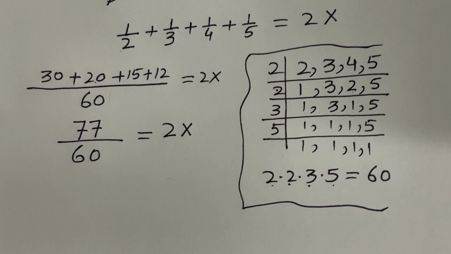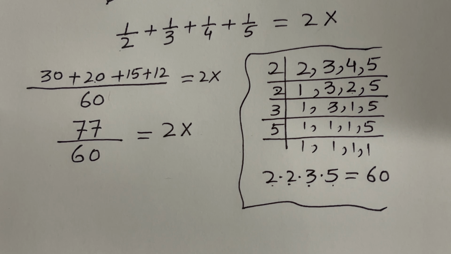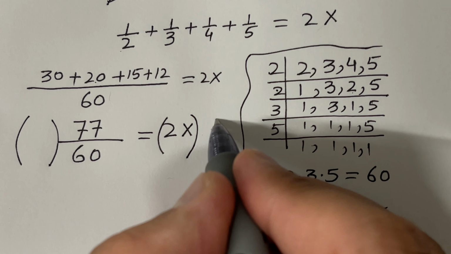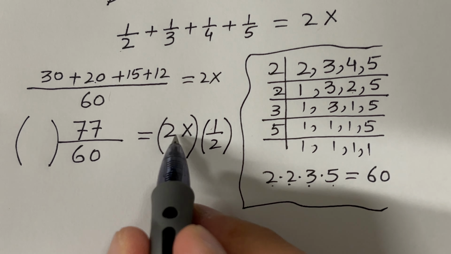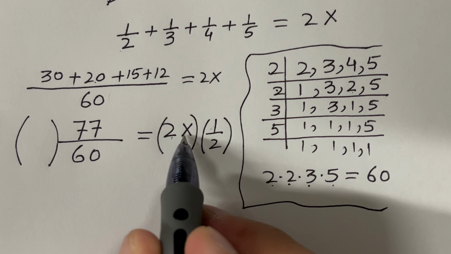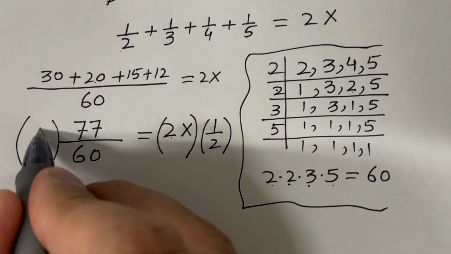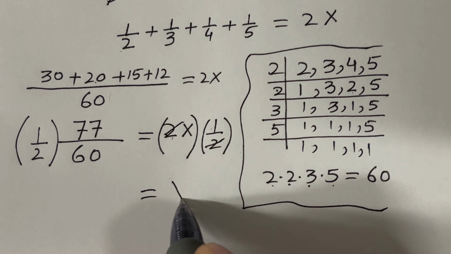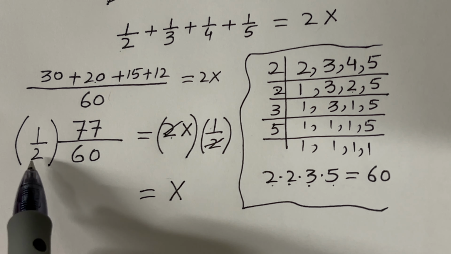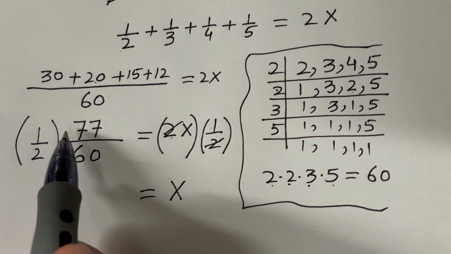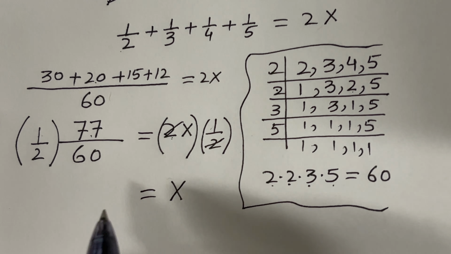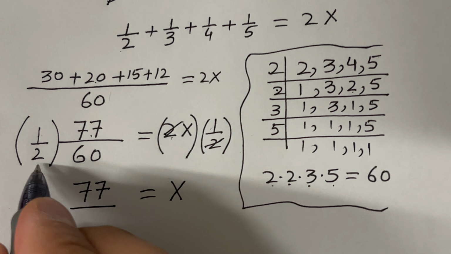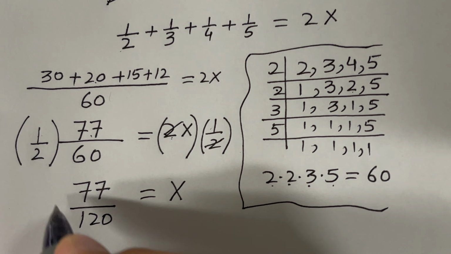But we want to find the value of x, and in order to find the value of x, we need to divide both sides by 2, since 2 is the coefficient of x, which means multiplying by 1/2. So the right hand side will be equal to x, and the left hand side is 1/2 times this, so 1 times 77 is 77 divided by 2 times 60 is 120.